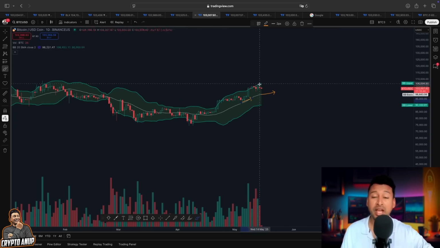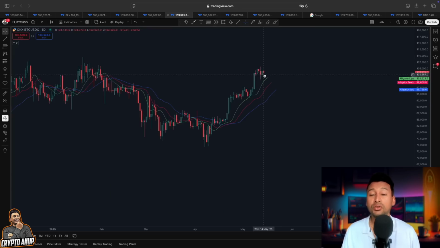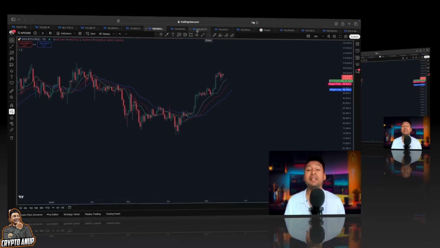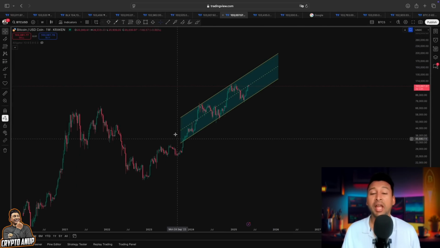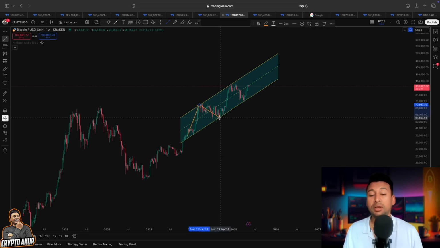And let's suppose we are going to free fall, breaking the support around 98, 99,000 and go lower than that. What in that case? In that case, we are going to look at this ascending channel or rising channel formation. According to this ascending channel, the upper trend line has acted as resistance, whereas the lower trend line has acted as support.